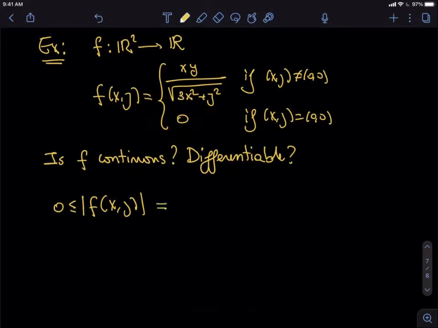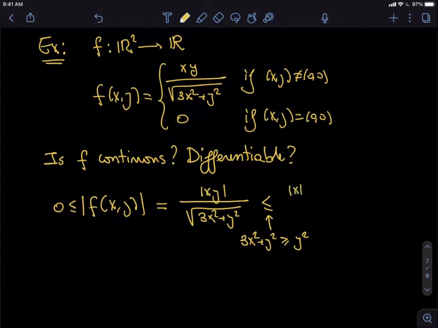This is equal to the absolute value of xy divided by the square root of 3x squared plus y squared. And here, this is our standard procedure. 3x squared plus y squared is bigger or equal than, let's say, y squared, doesn't matter.